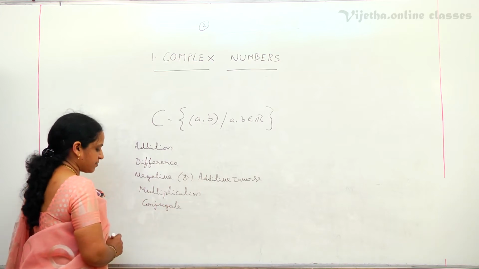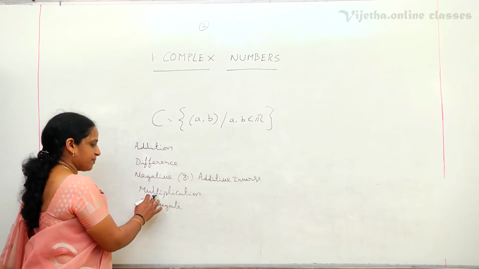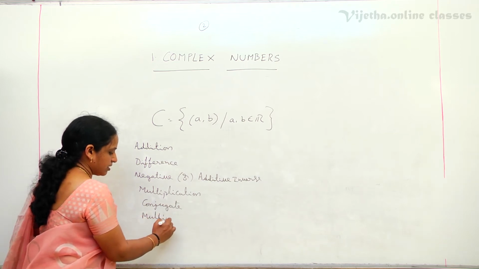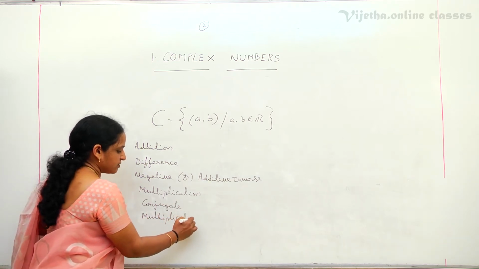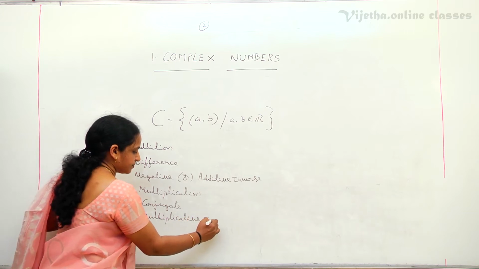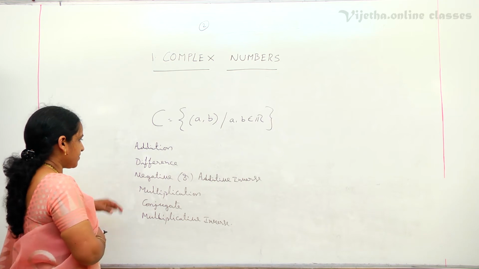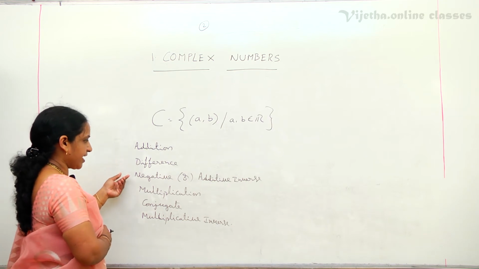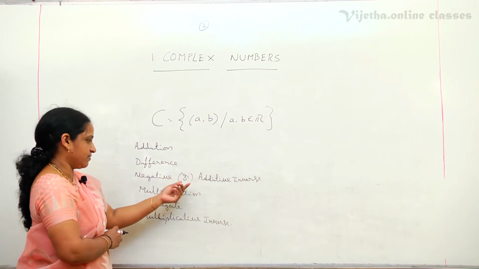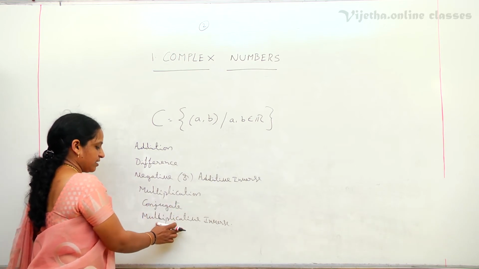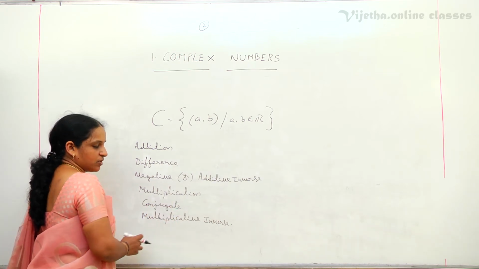Conjugate of a complex number, and the last one is the multiplicative inverse. The main definitions are addition, difference, negative or additive inverse, then multiplication of complex numbers, conjugate, and multiplicative inverse.